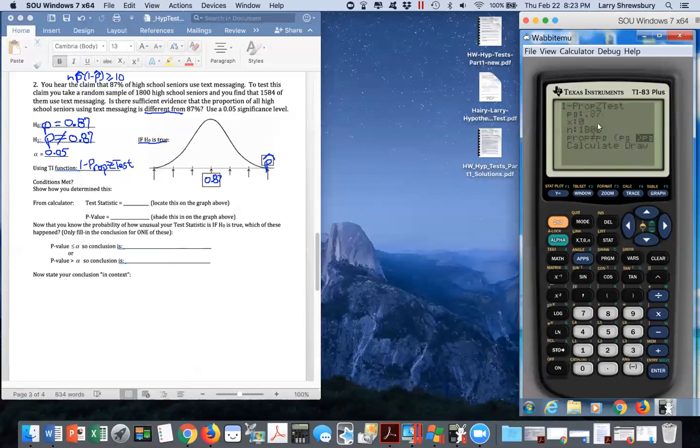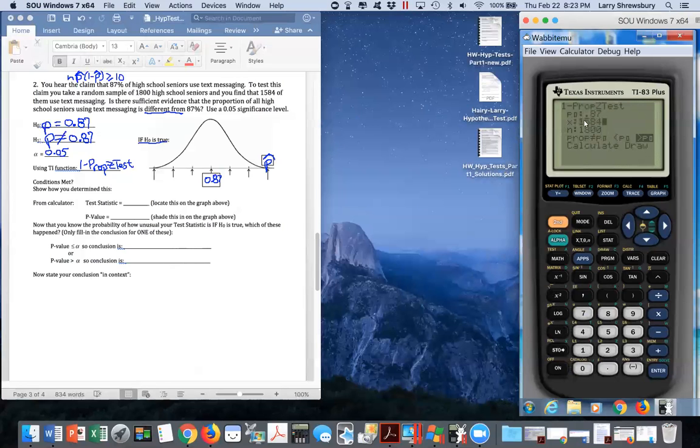Now, what are we doing to those 1,800? Well, we're going through them and we're counting how many are in this category of interest that use text messaging. And that's what X is. X is the count of how many of the 1,800. And that's exactly what the 1,584 is.